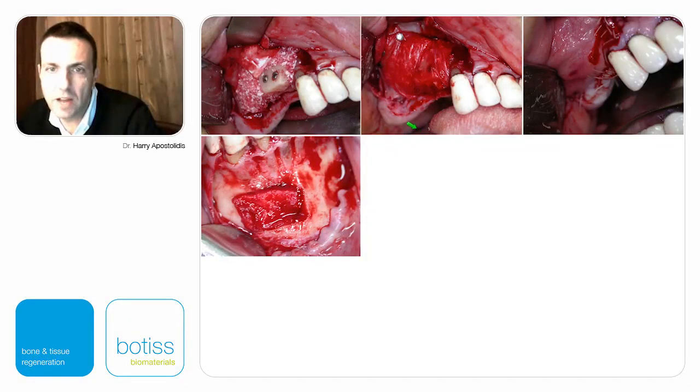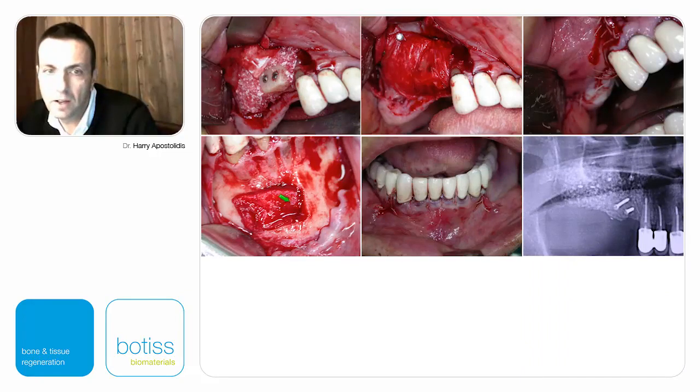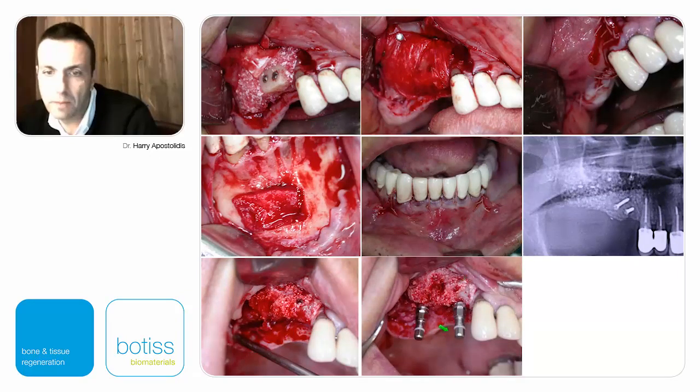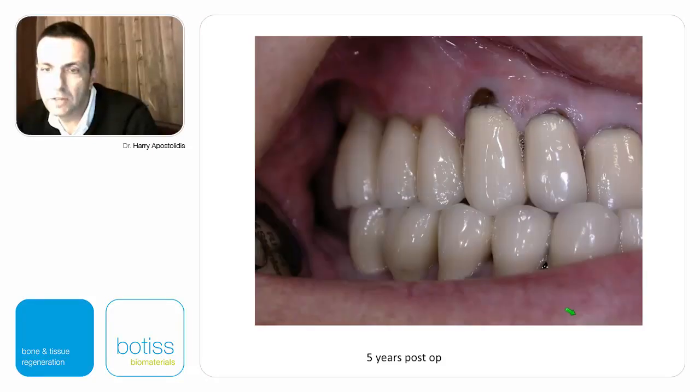The donor site, just a fleece collagen. We don't need to put anything else in there. Closure of the chin, panorex post-op, and very good quality bone to place our implants 6 months after the augmentation procedure.